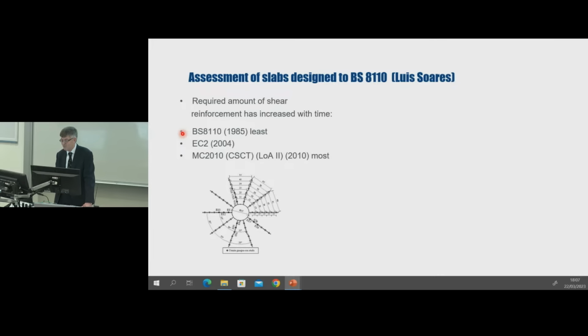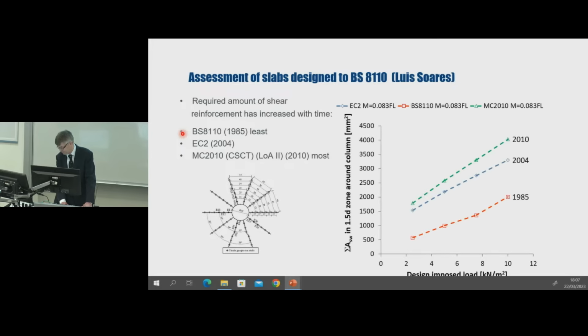Somewhat surprisingly, with each revision to the code, the amount of shear reinforcement required has increased significantly. This is due to both more test data becoming available and also changes in design philosophy. This naturally has implications for the assessment of older structures.